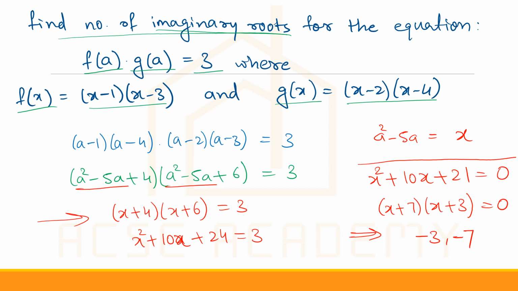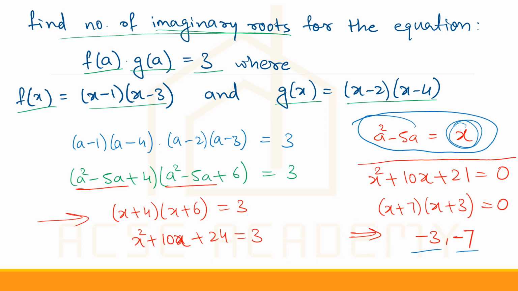We know that these two roots, minus 3 and minus 7, are for x. But our original equation was in terms of a, and that was the substitution that we used over here. So now we need to convert back this x into a and find out the value of a, because that is originally our variable, right?